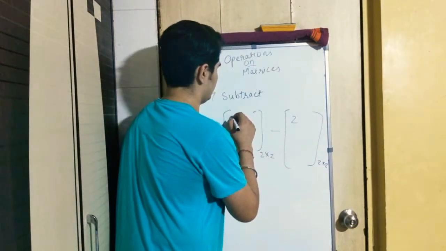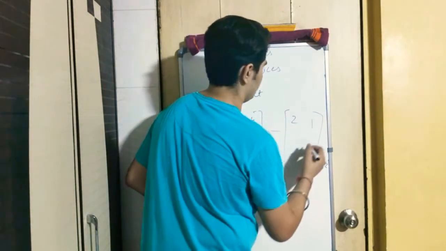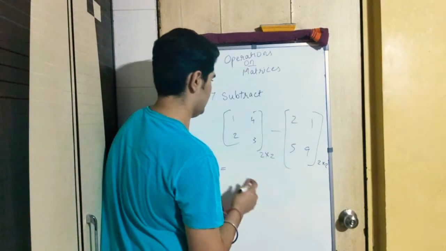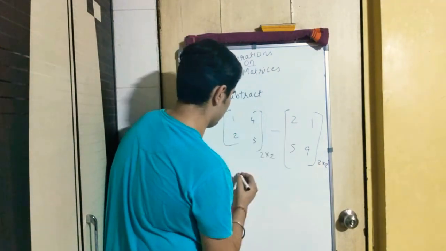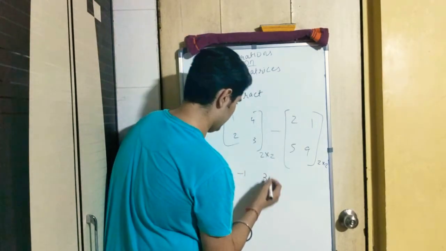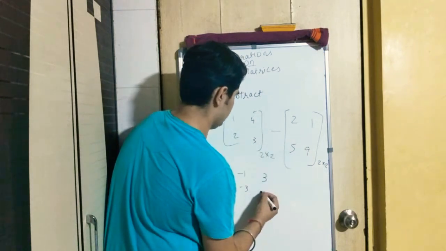If here I take 1 4 2 3 and here I take 2 1 5 9, we get 1 minus 2 is minus 1, 4 minus 1 is 3, 2 minus 5 is minus 3, 3 minus 9 is minus 6.